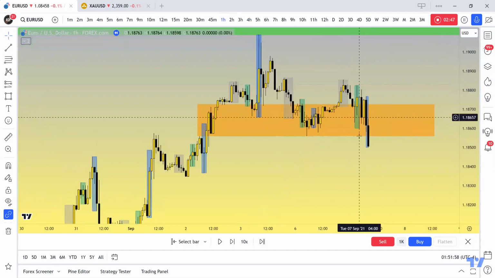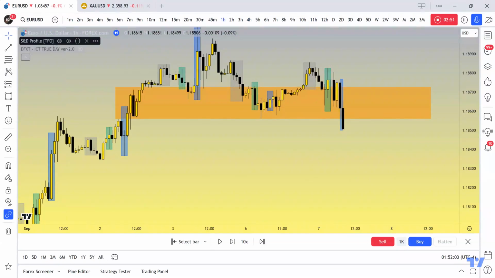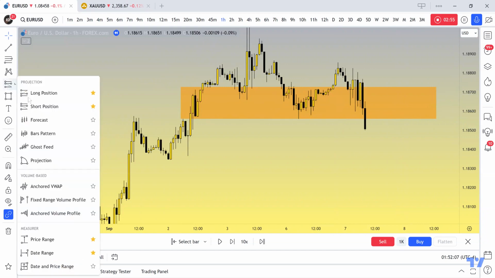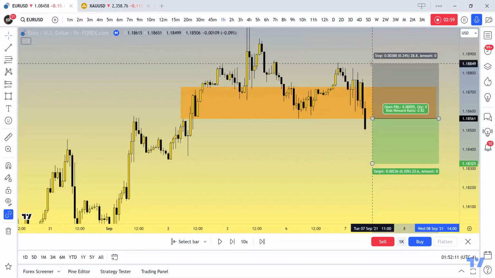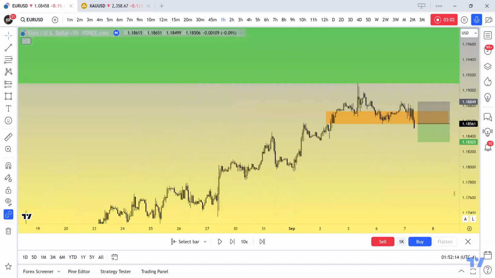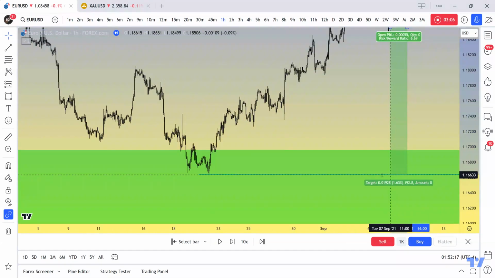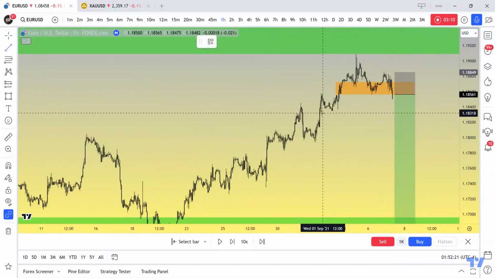So Asia, London, I'm going to remove this kill zone indicator. Okay, so let's say if price returns to this 4-hour, we'll look for a short. And where did we want to target? Our first high probability target is here. But let's take partials in this gap area.